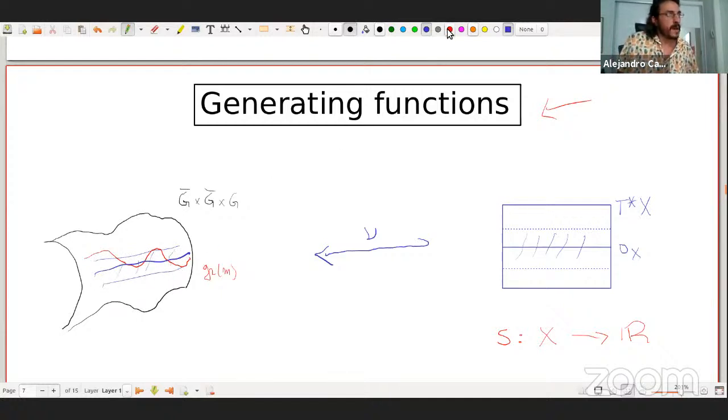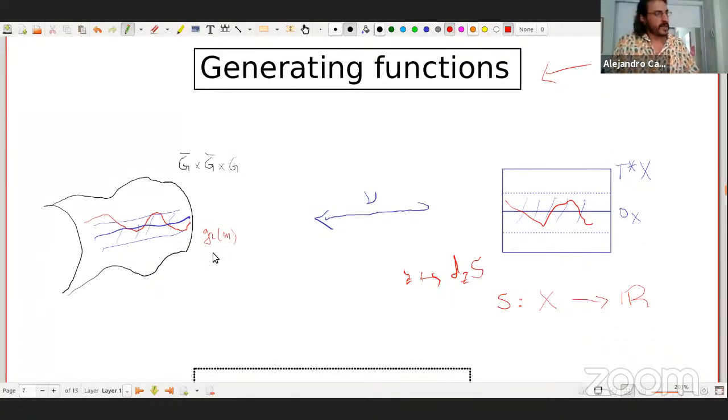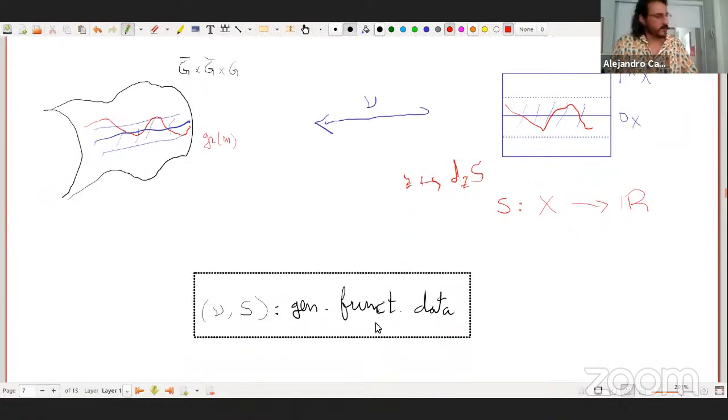And the idea is that when we map back this Lagrangian, it will be something here in the cotangent bundle, and what we want is that it's given by the graph of the differential of a function, z goes to dS. So at each point of X, we have a covector sitting on top of it. So this is the idea of generating functions. I repeat, the graph of multiplication becomes an exact Lagrangian in this frame. The pair, I call it generating function data.